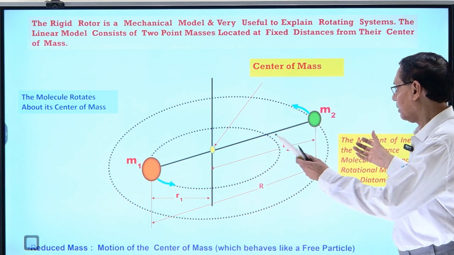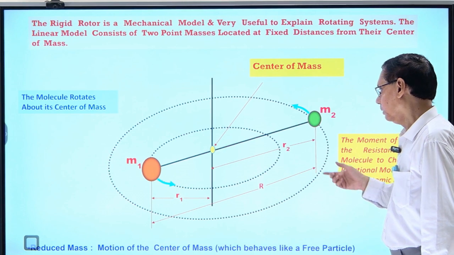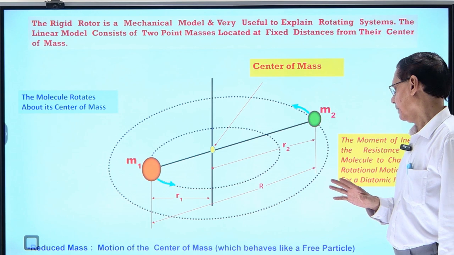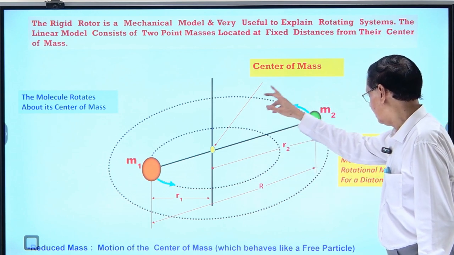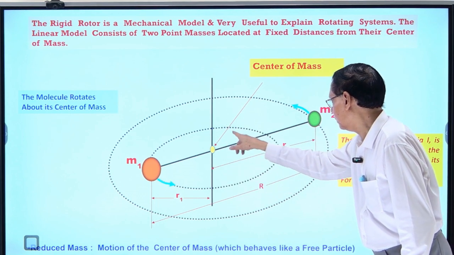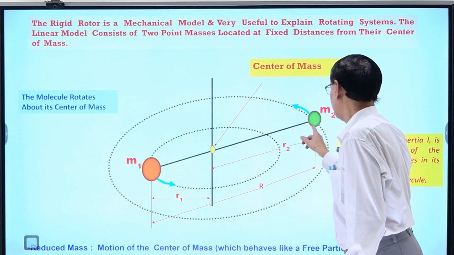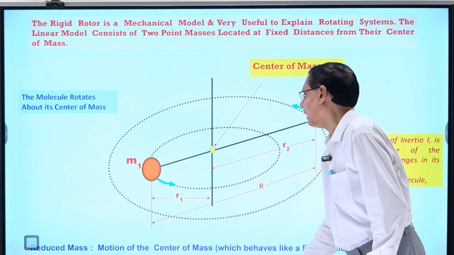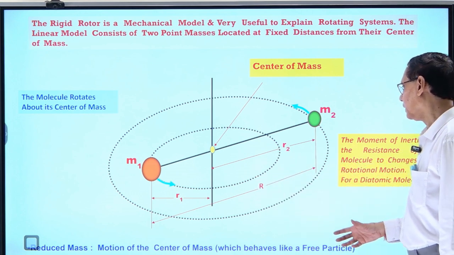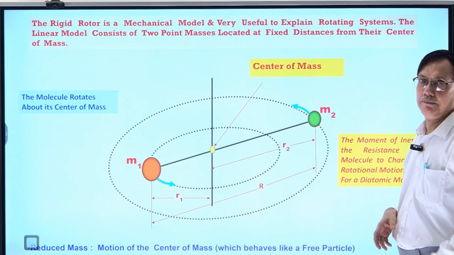In place of calculating with m1 and m2, we will use mu, which is called the reduced mass. We consider that both atoms are rotating around the center of mass, and the distance from the center of mass is r2 for one and suppose r1 for the other. So the reduced mass is the motion of the center of mass, which behaves like a free particle.